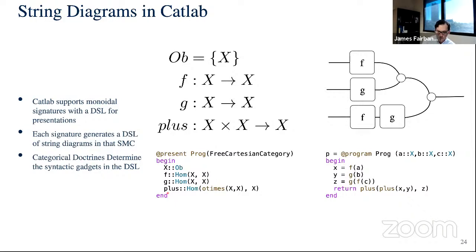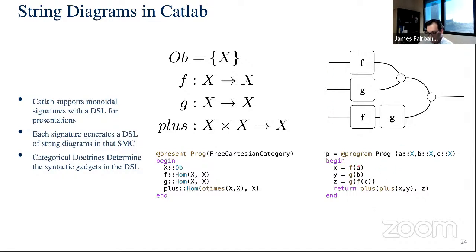Then, once you've written this presentation, Catlab generates a new domain-specific language for you to write string diagrams in that monoidal signature. So now I can say I have a program in this presentation I called prog, and that's going to have 3 input wires, each of type X: A, B, C. That's these input wires.